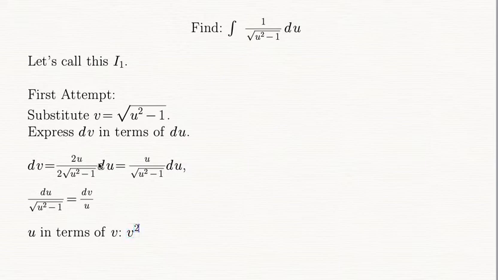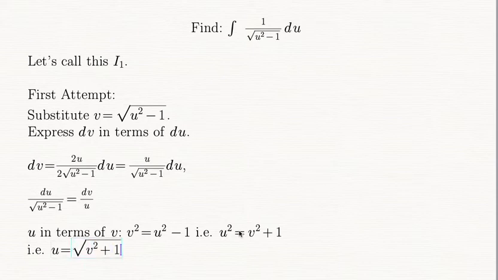Just square this equation, and you have v squared is equal to u squared minus 1, or that is u squared is equal to v squared plus 1, which essentially simplifies to u is equal to square root v squared plus 1.